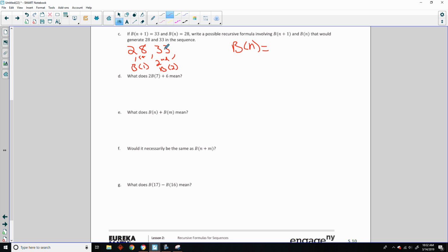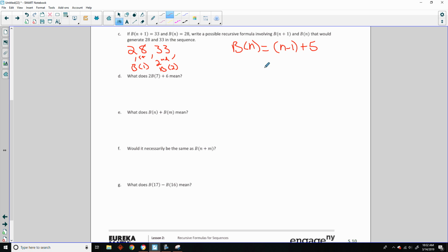So how did I get to b of 2 from b of 1? Well, I took b of 1 and added 5. And that's one less term than this term. So if I took whatever term we're on minus 1, which means the term before it, and add 5 to it, then I'd get the next term. Hopefully that made sense to you.